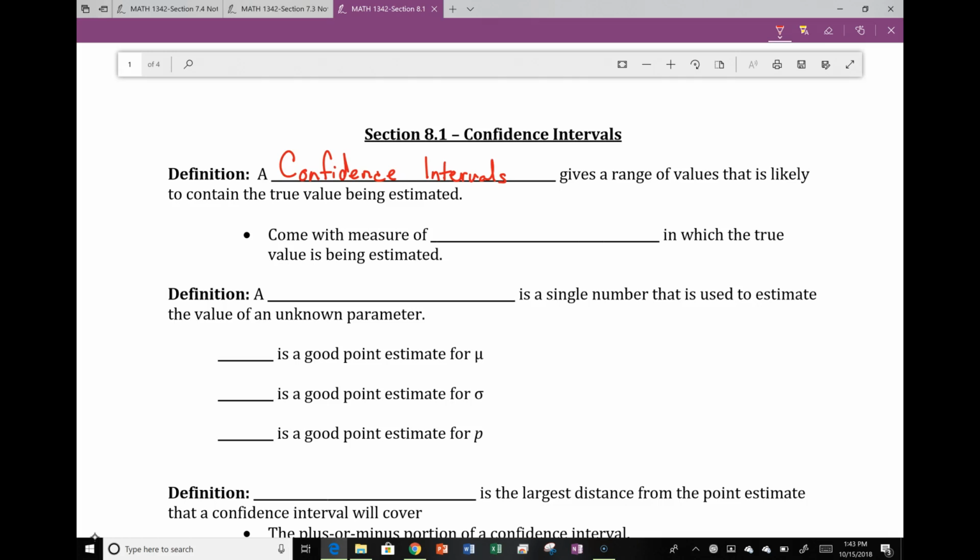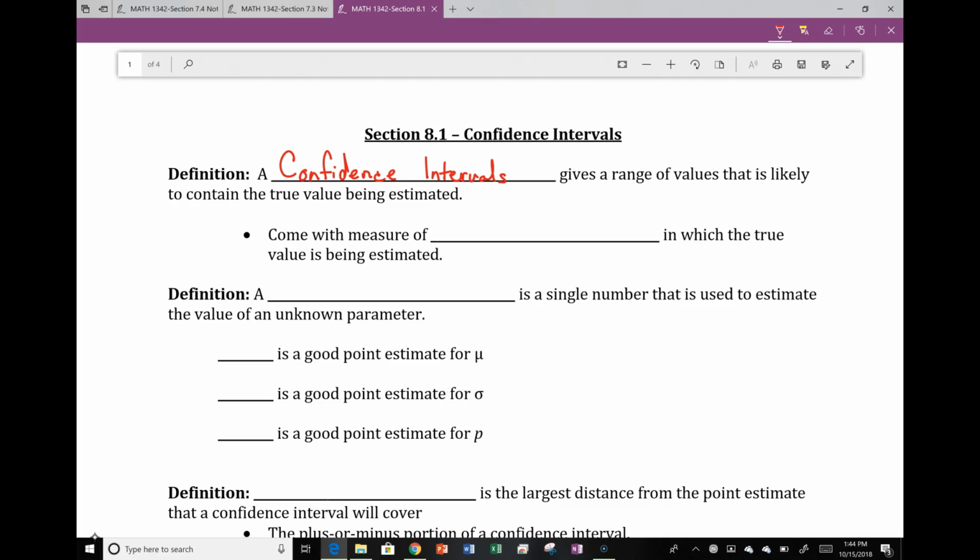Think about whenever you take a sample. If you take a sample and you want the mean of that actual population, you haven't gotten the entire population, you just have a sample. And so what we want to do is create an interval, a range of numbers that we think the mean is actually between, or the standard deviation is actually between, for the entire population.